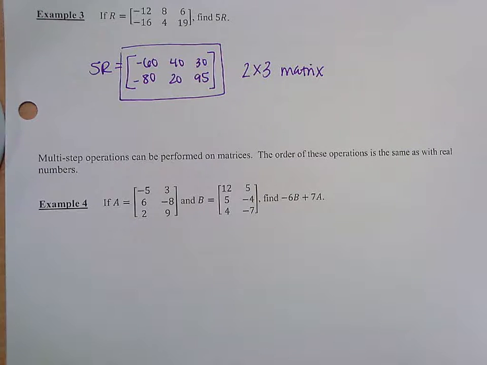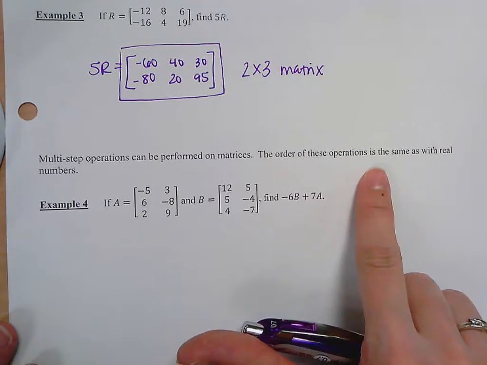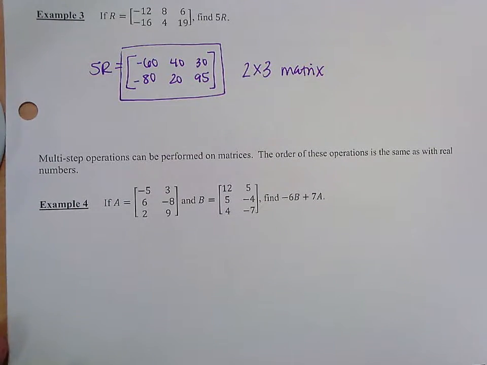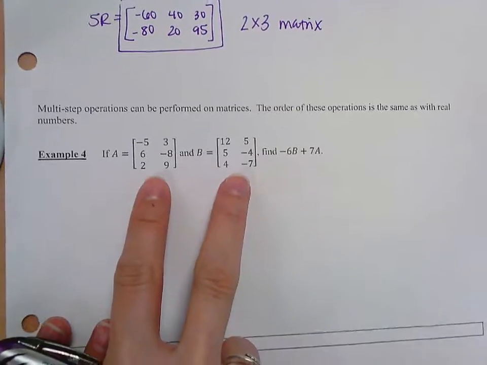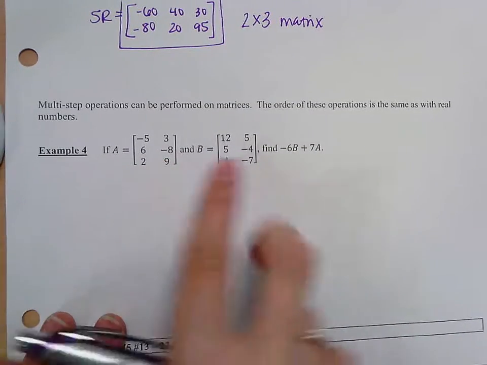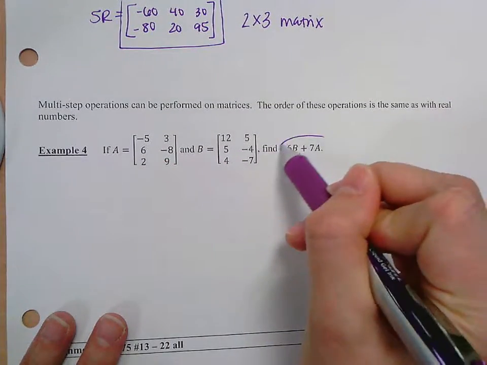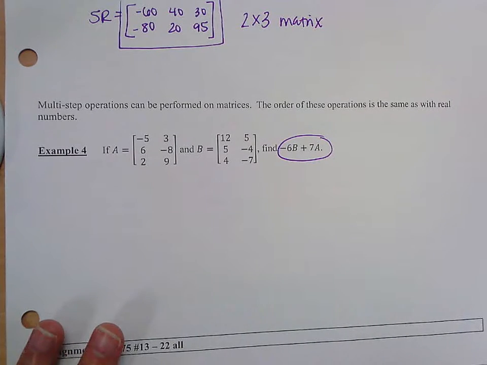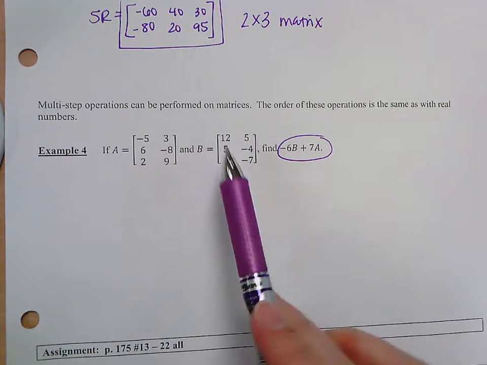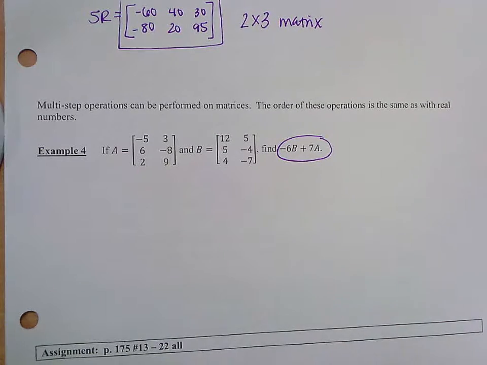It's basically an expression, but with matrices, and you need to follow order of operations. Order of operations is the same with matrices as it is for just numbers. So it gives you two matrices, matrix A and matrix B, and this is the expression that you are trying to find. So it includes the scalar multiplication and it includes addition. Okay, so find -6 times B plus 7 times A. What would your final matrix be?